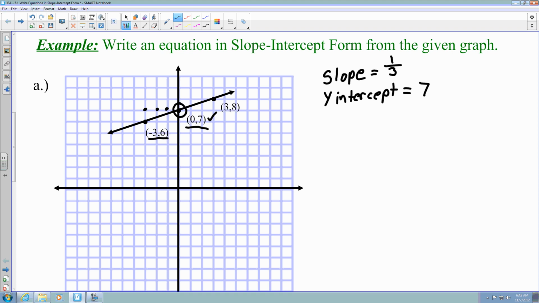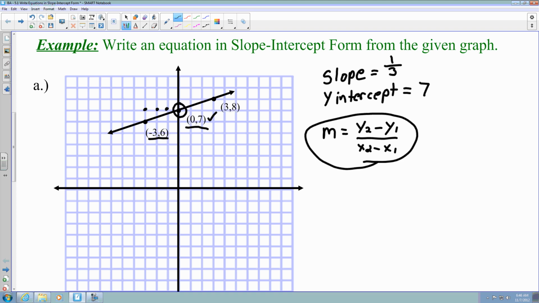If you didn't see it like that, you could always remember our equation m equals y2 minus y1 over x2 minus x1. We may have to use that in other problems that don't deal with a graph where you can't count, but if you have a hard time finding the slope through counting the graph, this method also works. Let's give it a try. I'm going to use the values of negative 3, 6, and 0 comma 7.